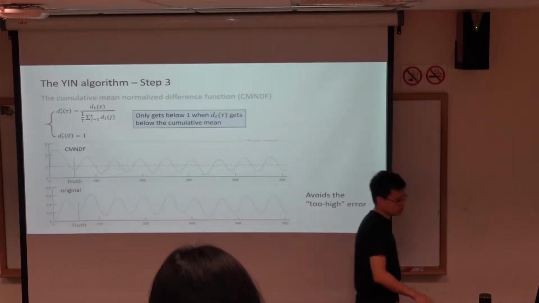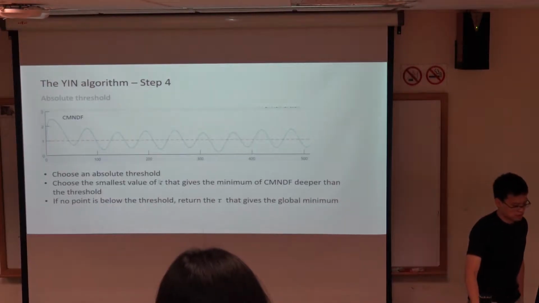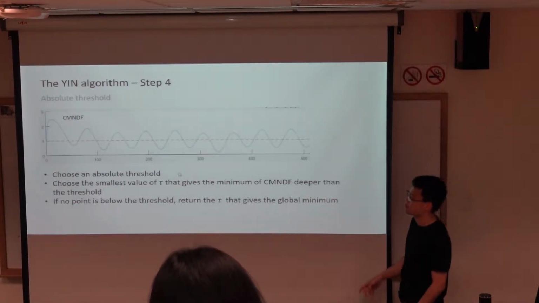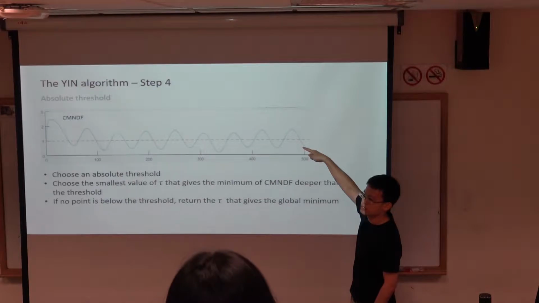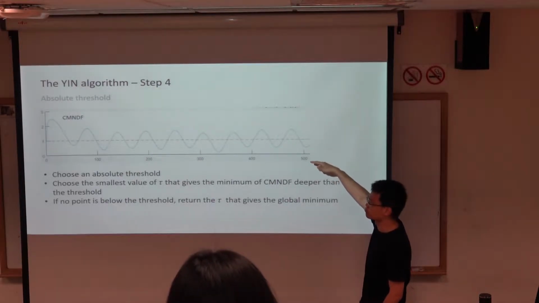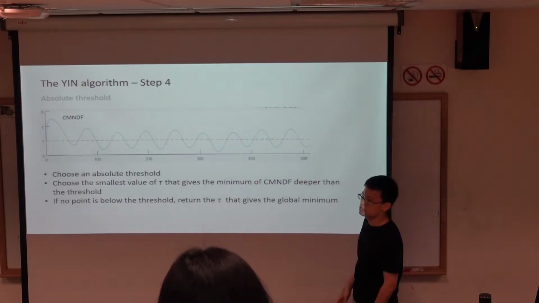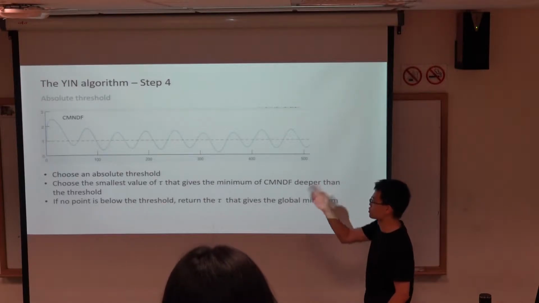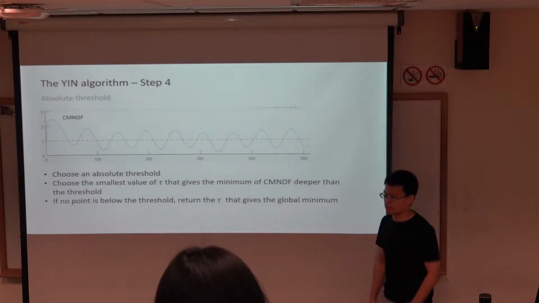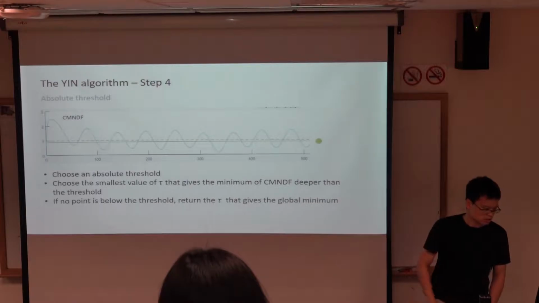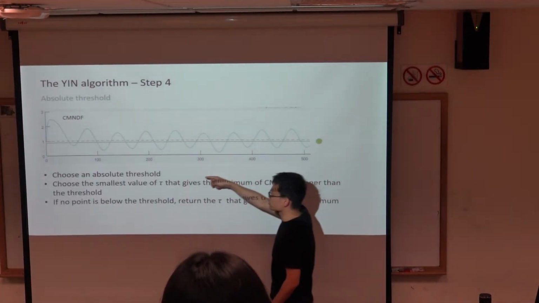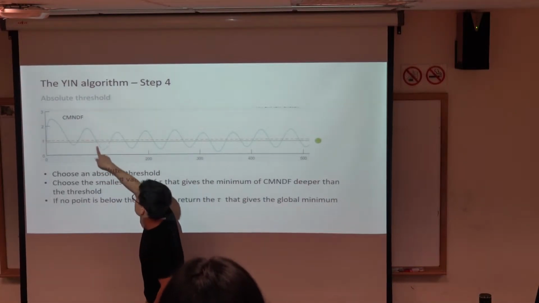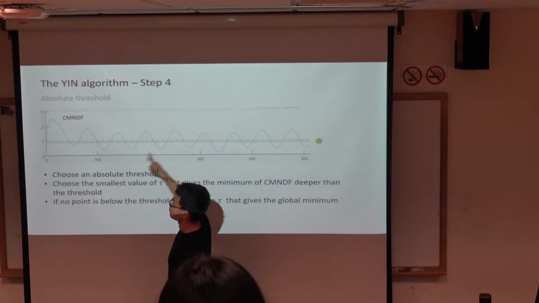So step 4 just tells us, okay, I set an absolute value threshold, and I will only look at the minimum below this threshold, and I choose the lowest minimum below that threshold. That means if I choose a threshold here, then I will only look at the minimum below this threshold, and I choose the first minimum here.